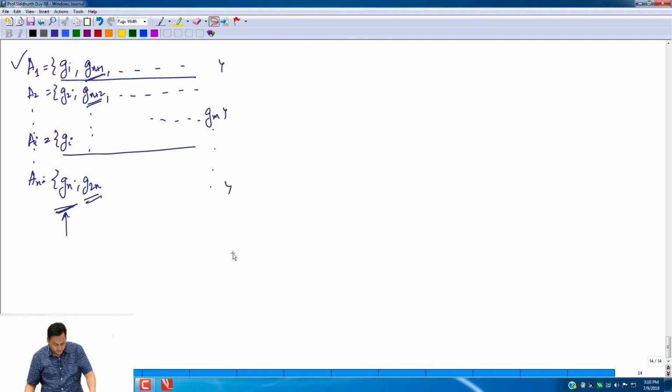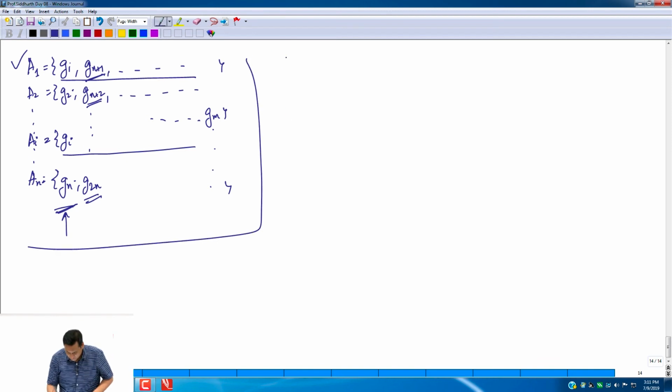Okay, so this is my allocation. Again, recollect the indexing. So now I'm going to generalize it to any other agent and complete the proof.